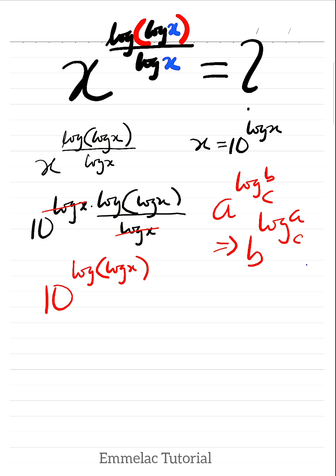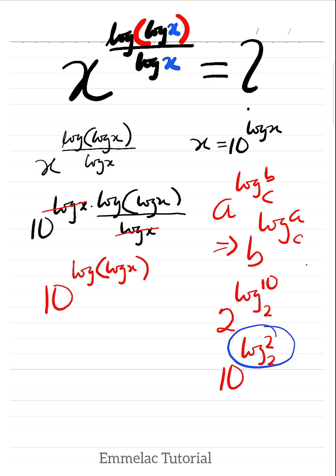Let's say I have 2 log 10 base 2. I can rewrite this as 10 raised to log 2 base 2, and we know that in this case log 2 base 2 is 1, so I can have 10 raised to 1 as the final answer.